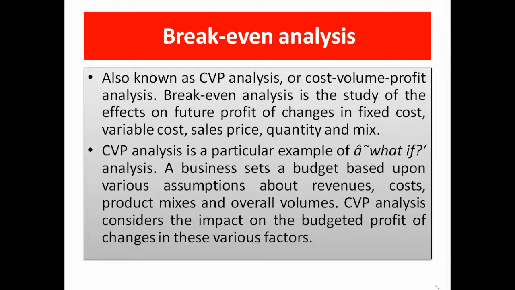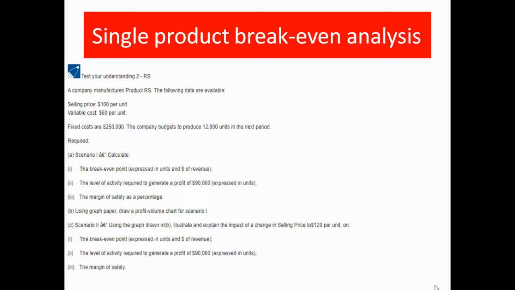Then the target profit: what is the level of activity that we need to attain in order to get this level of profit? And then the margin of safety. So for ordinary break-even point analysis, that's what you need to know.